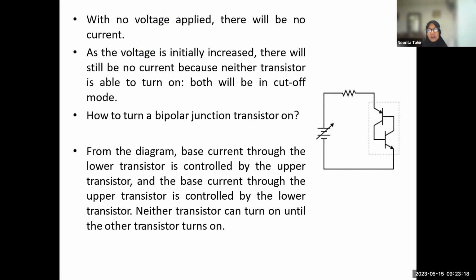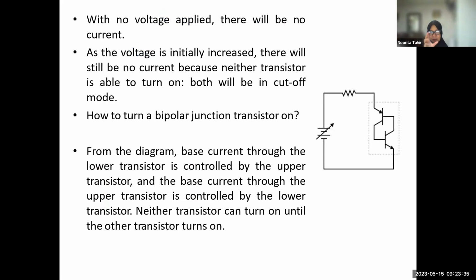So how does a Shockley diode conduct current? An ideal bipolar transistor will never conduct collector current. Remember, we have collector, base, and emitter.